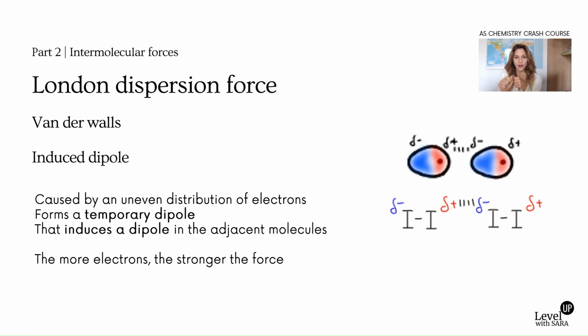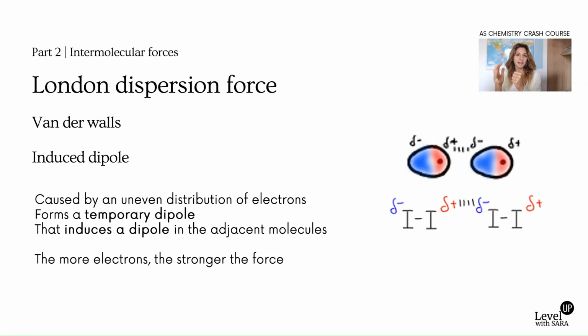The consequence of that is a temporary dipole because it's for one moment in time. This temporary dipole will induce in the neighboring molecule a dipole, the opposite one, of course, because otherwise too many electrons would repel. So this temporary dipole induces a dipole in the adjacent molecule. The more electrons there are, the stronger the force, and remember, those electrons are moving around.